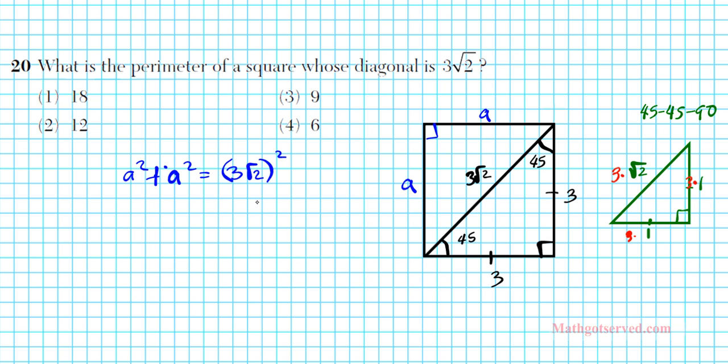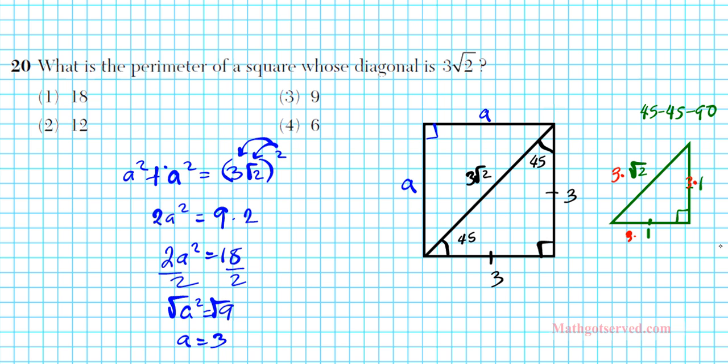Okay, this involves doing some algebra, and doing it the other way is much quicker. I just want to show you another way of doing it. So if you work this out, you have 2a squared equals, you square the 3, get 9, and you square the root 2 to get 2. You have 2a squared equals 18. Divide both sides by 2. You have a squared equals 9. Take the square root of both sides, and you have a equals 3.